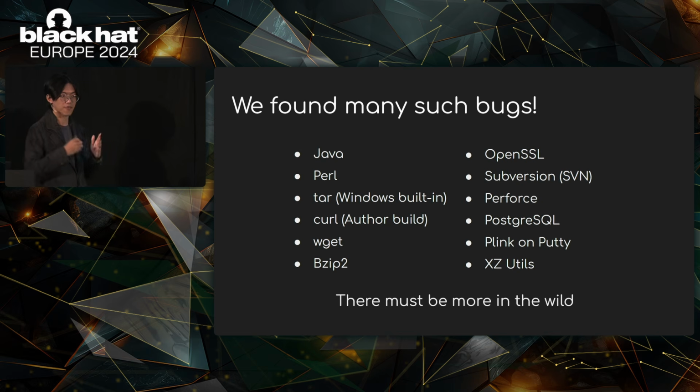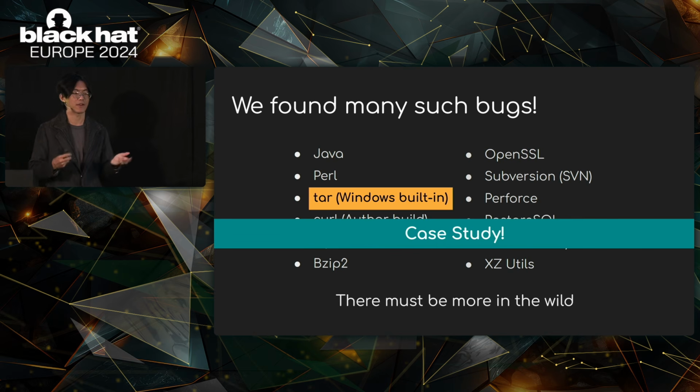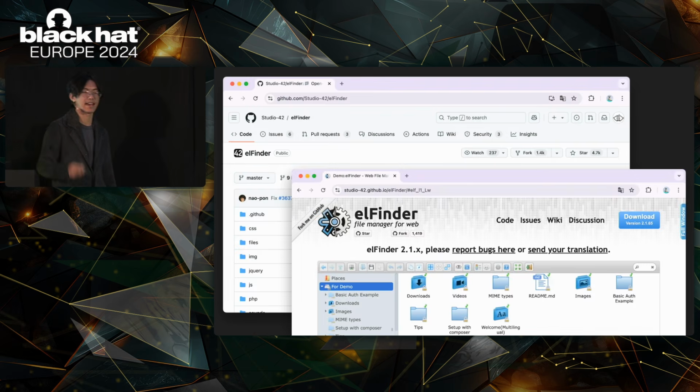And actually, we found many of these kinds of bugs in a lot of common applications, like Java, OpenSSL, Subversion, and Perl. It's almost everywhere, and we think there must be more in the wild. Here we have tar, a Windows built-in command, as a case study. The victim today is LFinder, a file management web application written in PHP.